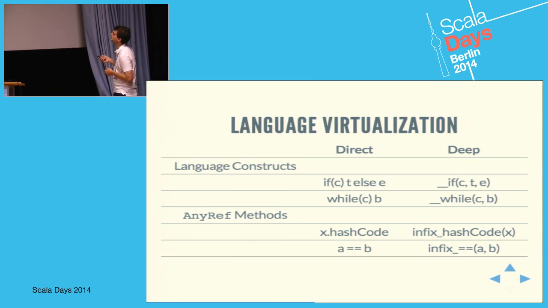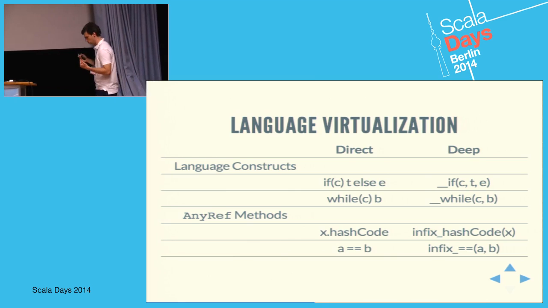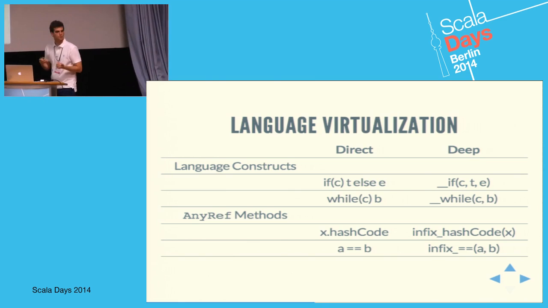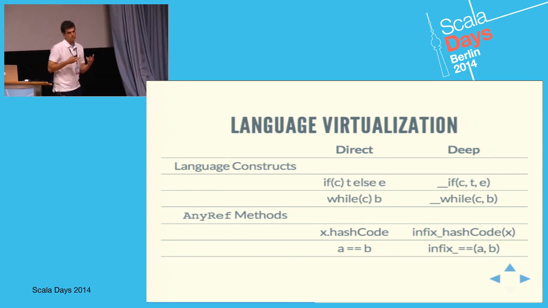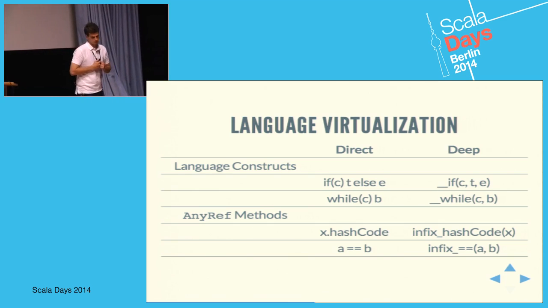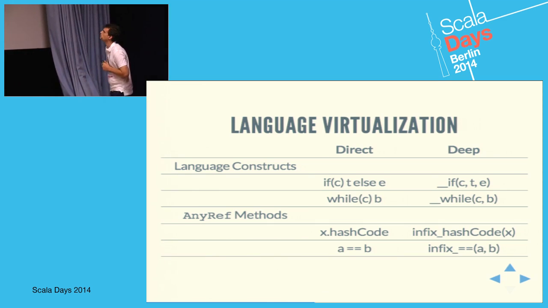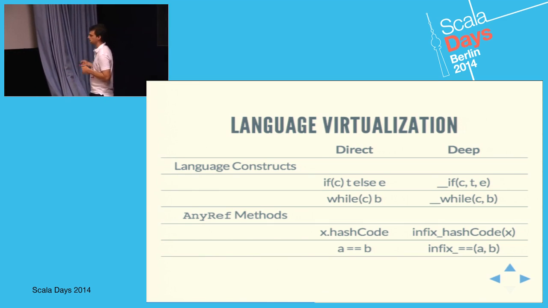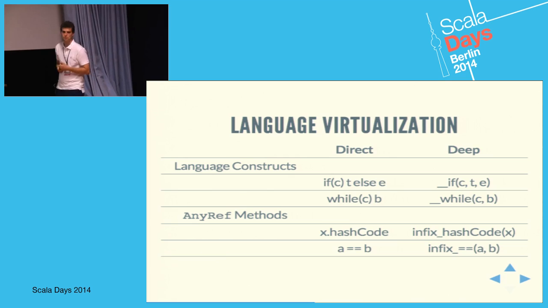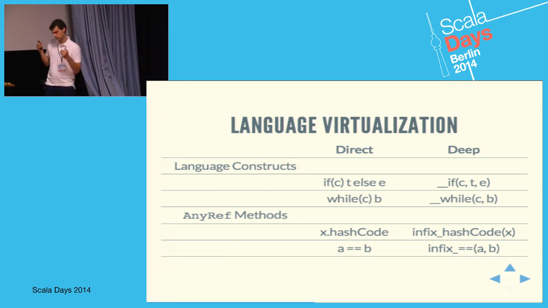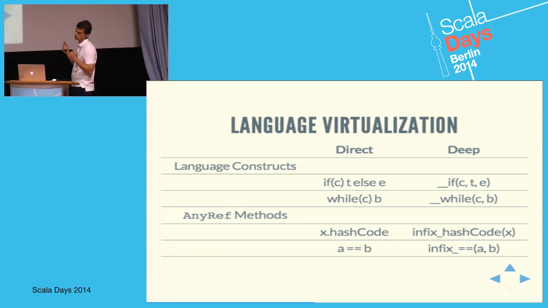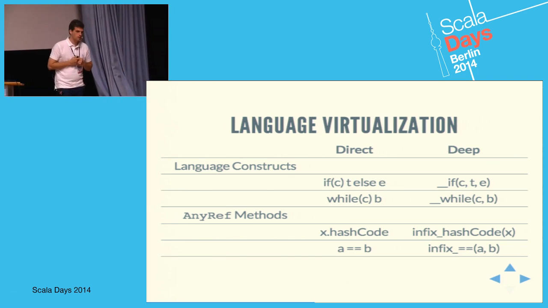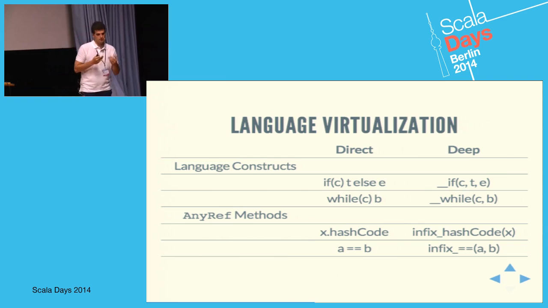And in this paper, essentially, the idea is to convert all the language constructs of the host language into functions, right? Because you cannot do an if over a Rep[T] or any other kind of type, right? So that's the first part. But in addition, what we do here is we also treat all the methods on any ref and any as language constructs, because they exist on every type.